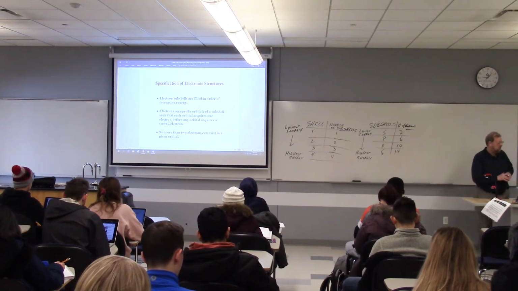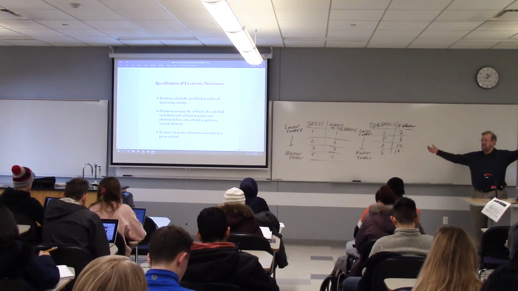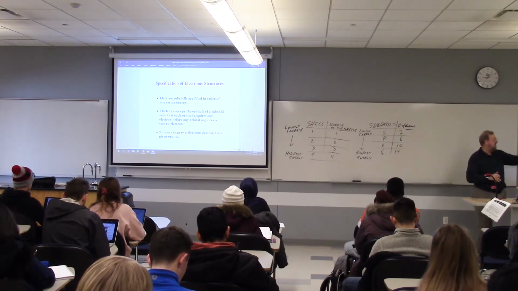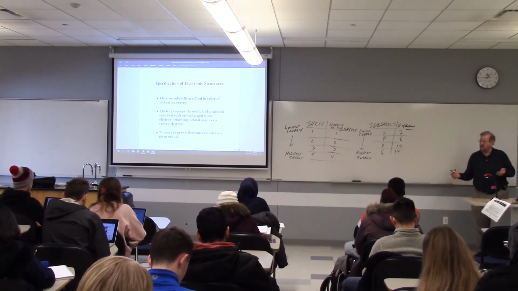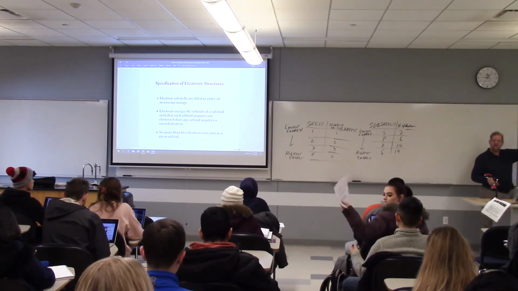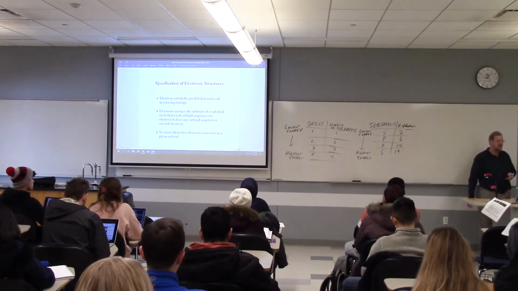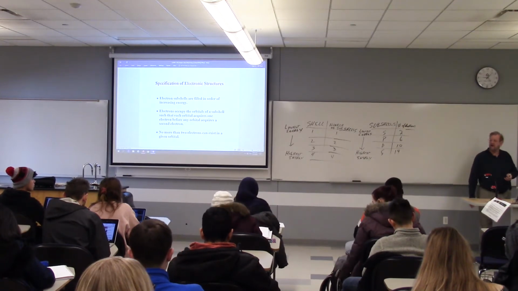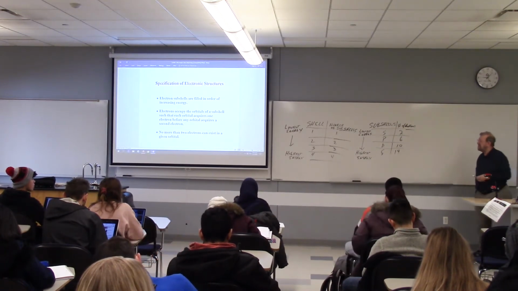Now, the question is, where are the electrons? If you have an element, where are the electrons? Remember the atomic number, the number on top, tells you how many electrons and protons there are in that element.